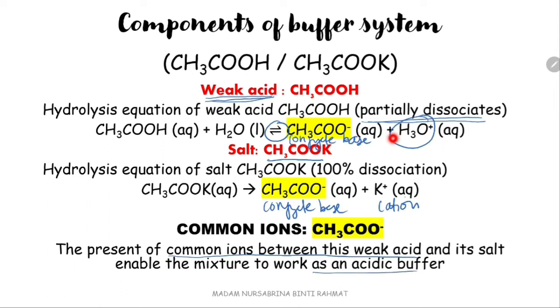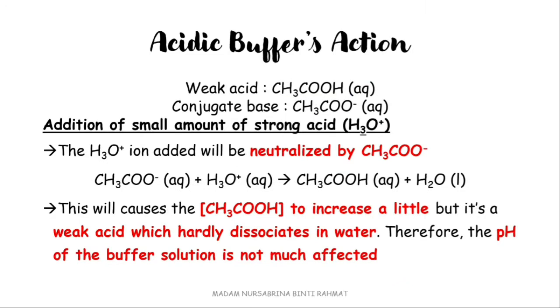So how does this mixture of ethanoic acid and potassium ethanoate control its pH? After addition of a small amount of strong acid, H3O plus, this H3O plus will be neutralized.